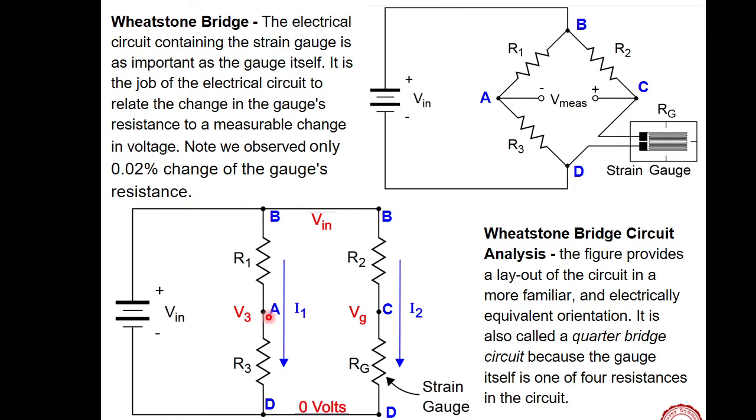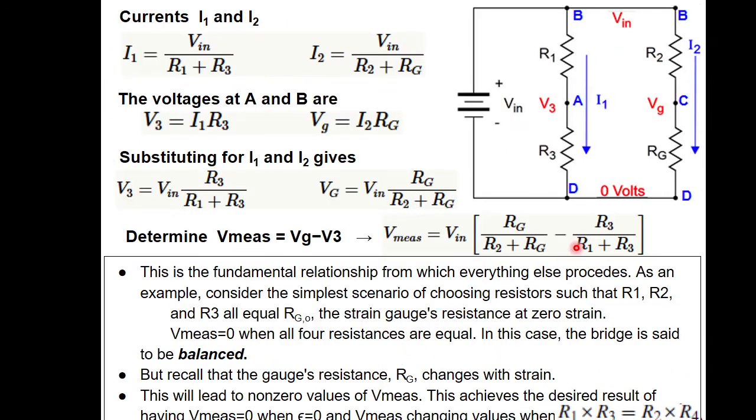The voltage drop across R3 is I1 into R3. Similarly, at point C, this is I2 into Rg, which is our strain gauge resistance. In general it would be R4, so if Rg is R4, then it is I2 into R4.